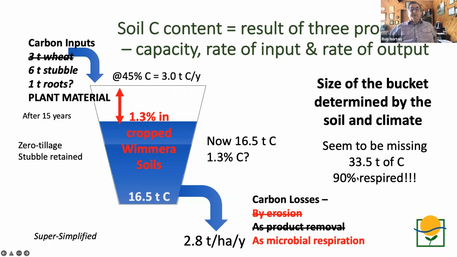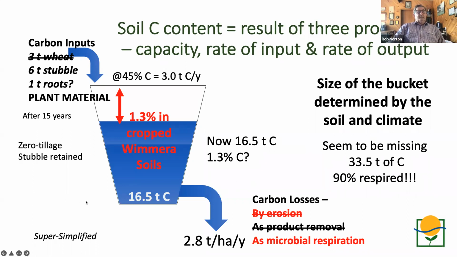And where that 33 tonne of carbon is, it's being used and respired, turned back into carbon dioxide by the soil biology. That's the consequence of living in an environment that has warm, moist soils for a lot of the period of time. The microbes there do, in fact, respire and take that carbon. 90% of that carbon ends up being re-respired, and we can only store a small amount.